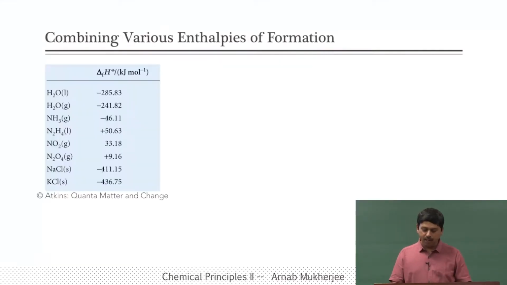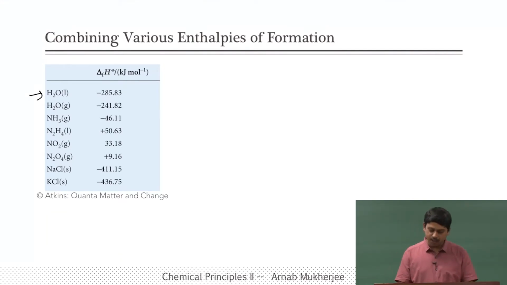Now combining various enthalpy of formations is possible. So, for example, these are different formation enthalpies, for water minus 285.83. We remember we are discussing which is more stable, methane or water, right. We can get that from heat of formation.